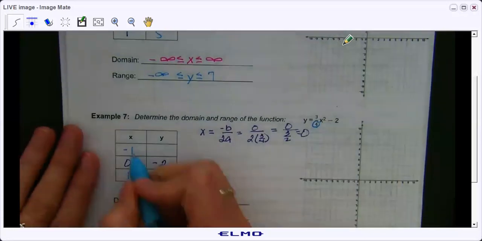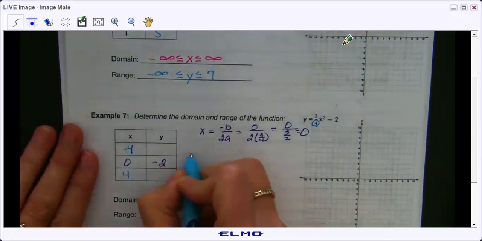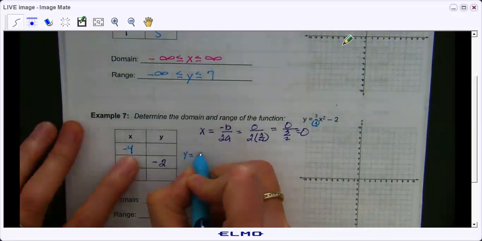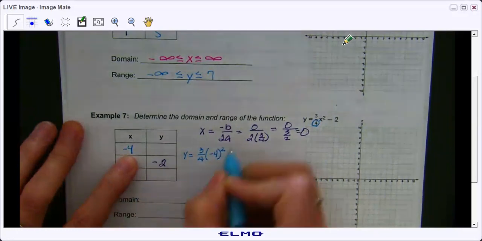So instead of -1 and 1, I'm going to choose -4 and 4. And this is why. I have y equals 3/4 times -4 squared minus 2.